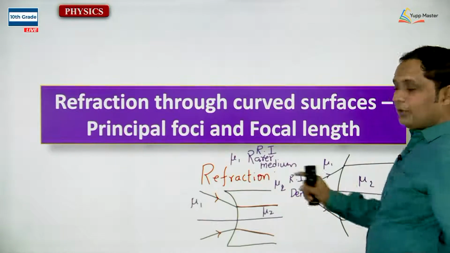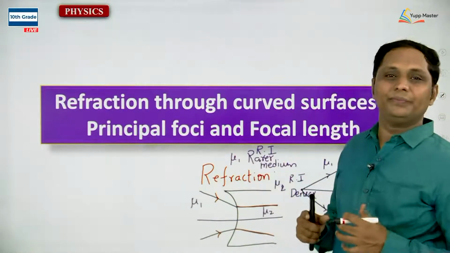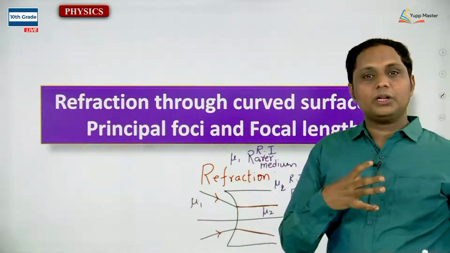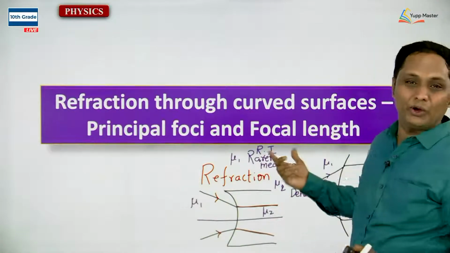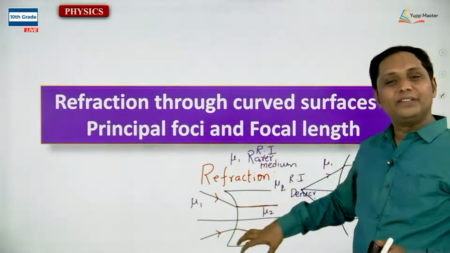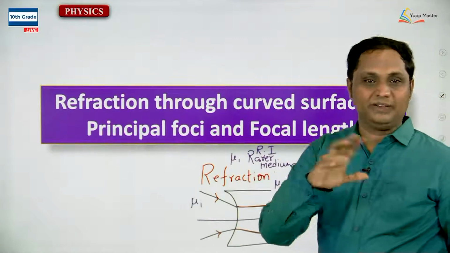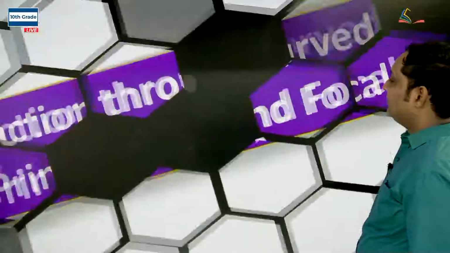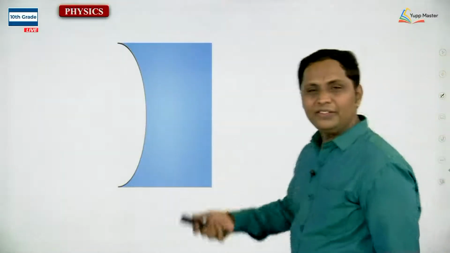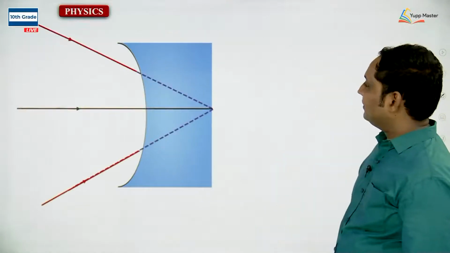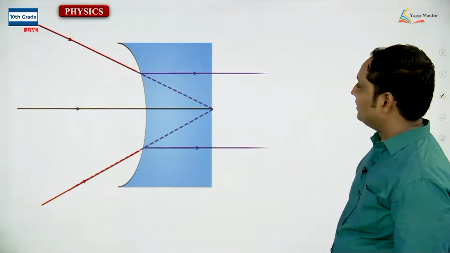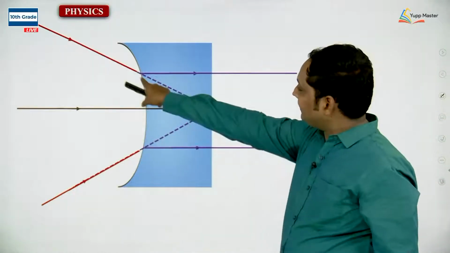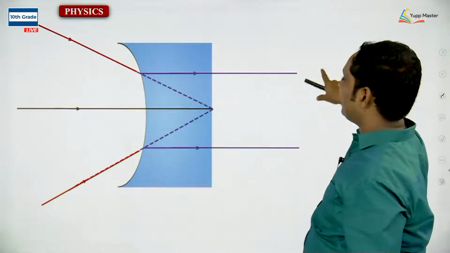It's very clear. That's what we are going to know about all these things: which ray moves towards the normal and which moves away from the normal. In curved surfaces, we are going to discuss that. Now if you take this curved surface, the incident light rays are taken in this direction and are refracted.